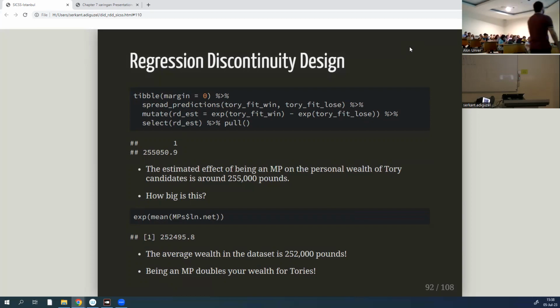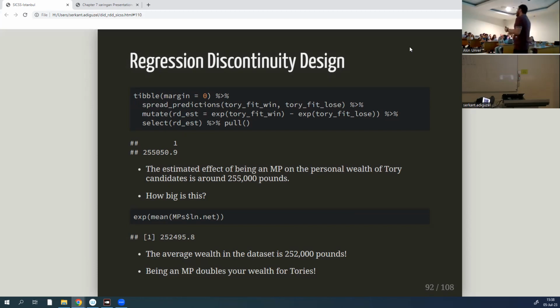And this is a big number, right? And if you look at the average wealth in the data, it's also around 250,000. Which means conservative MPs double their wealth when they become a member of parliament. And this is only for conservatives. If you look at Labour, they don't have that result. And the authors argue that this is because conservatives have more connections with the private sector.